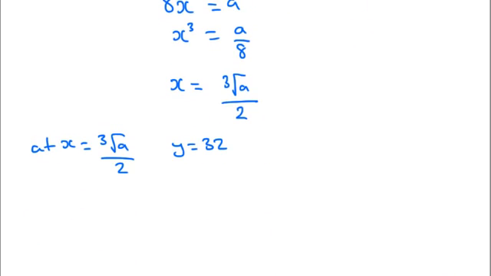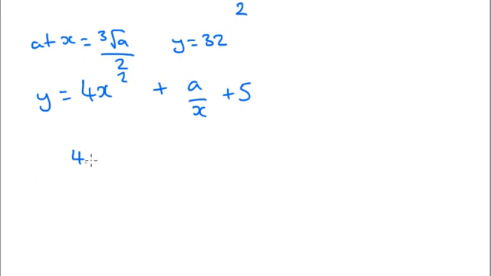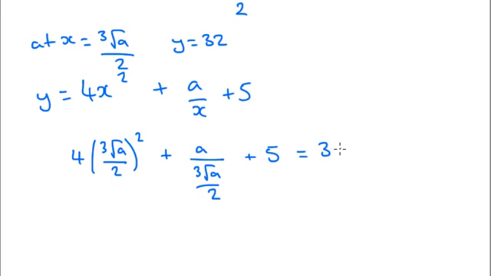So we've got, I'll just write it out again, 4x squared plus a over x plus 5 is equal to y. So if we sub it in now, we're going to get 4 lots of the cube root of a over 2 all squared plus a over the cube root of a over 2 plus 5, and that is going to equal 32.